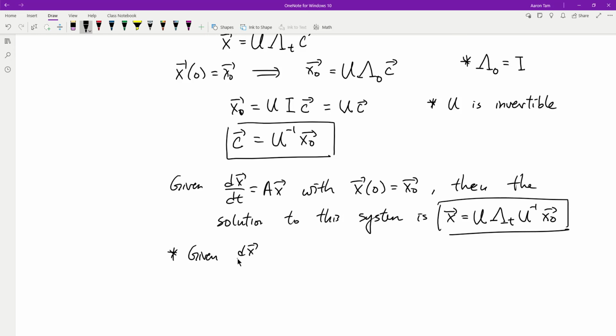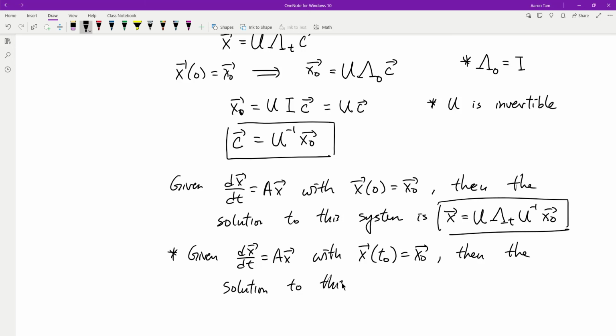Now, what if you have the same exact system, but instead your initial condition is given at a specific value called t sub 0? How does that screw up the solution? Well, it doesn't screw up the solution by a lot. It actually just changes to this. The solution to this system with the initial condition is this.